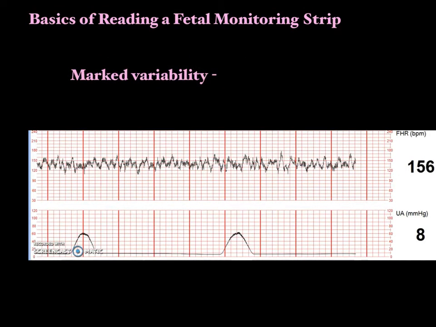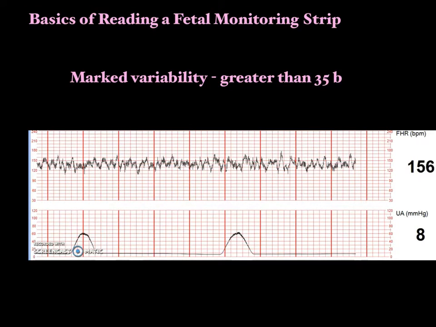Okay, now this last pattern is called marked variability. It used to be called a saltatory pattern, but I haven't seen anybody refer to it in a long period of time, and this is greater than 25 beats per minute fluctuation.